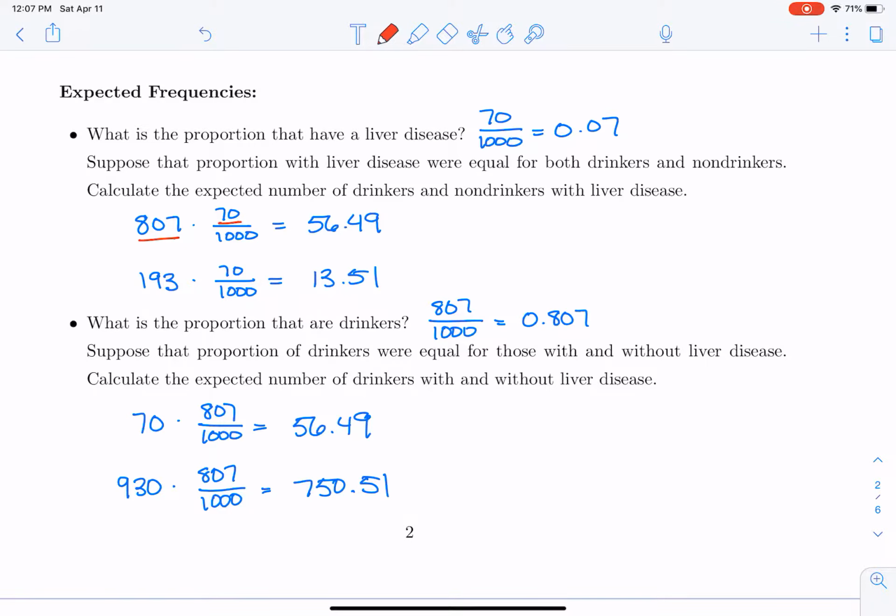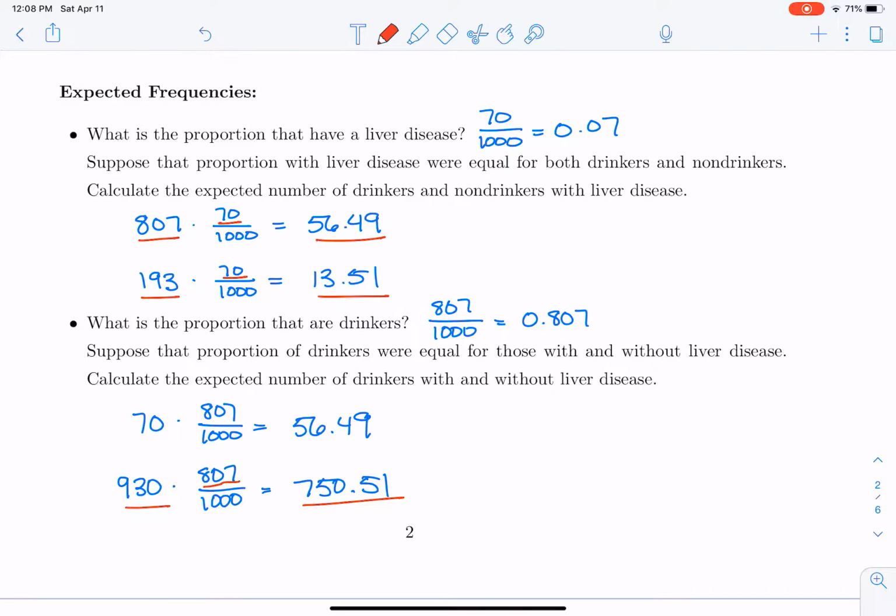I multiplied those together and then divided by 1,000 to get the expected frequency. 193 was a column total, and I multiplied by the row total of 70, divided by 1,000, and that gave me the expected frequency. Similarly, 930 was a row total, and I can multiply by the column total, 807, divided by 1,000, and that gave me 750.51.